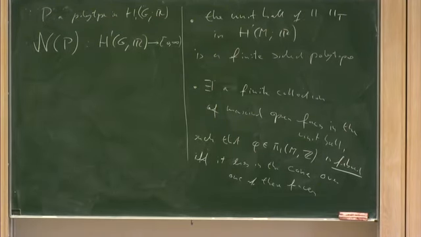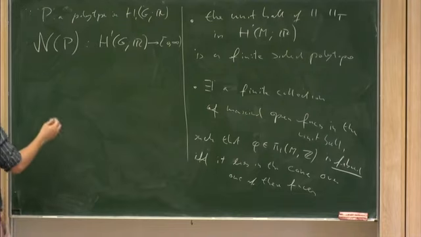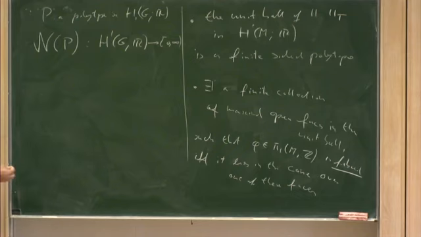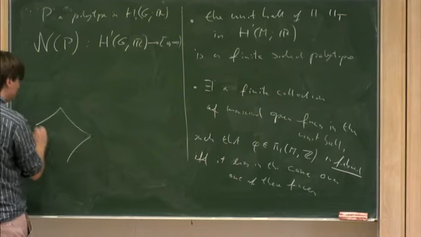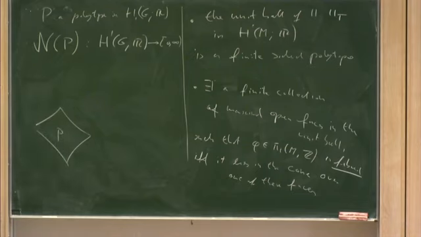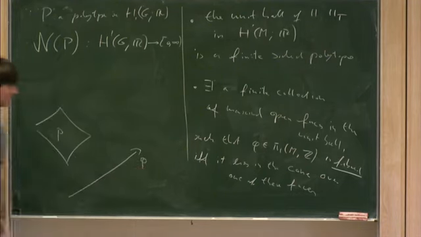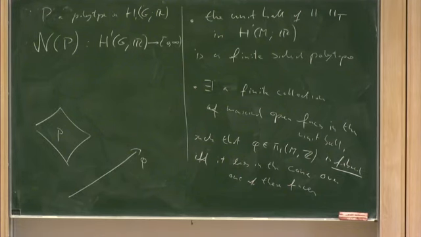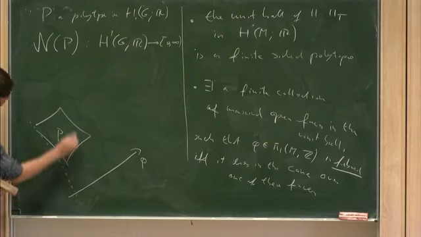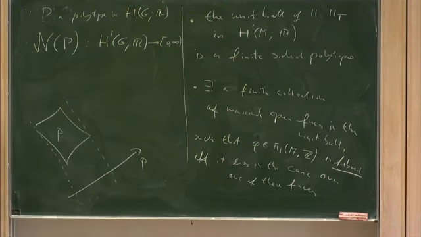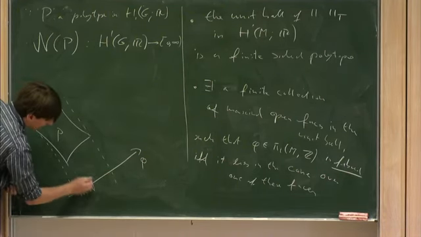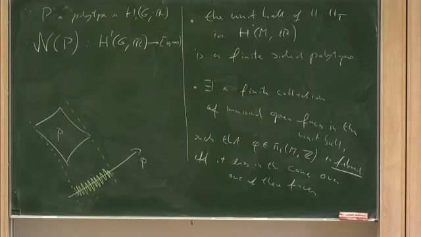What does it do? It's easy to see on the picture. I have to tell you what it does to a cohomology class. First of all, we have this polytope P. Now I take a cohomology class, and I think about this cohomology class as a direction inside homology. So this is a character phi, a cohomology class. Now I'm going to project this polytope orthogonally onto phi, and I'm going to measure how thick it is with respect to this direction.